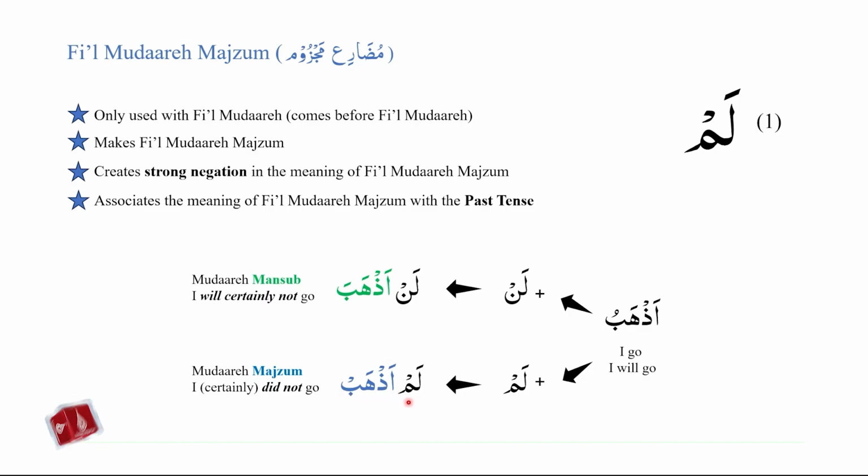In the case of lam azhab, azhab is mudare majzoom, and lam azhab can be translated as I certainly did not go. Did not go indicates the association with the past tense, and there is also strong negation that is being created because of the effect of lam.